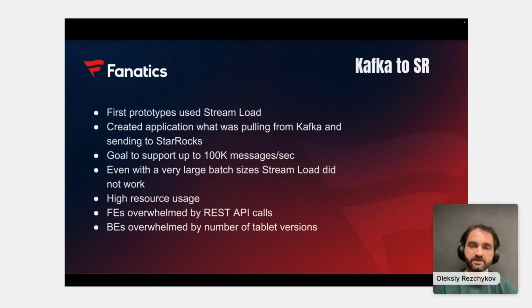Certain transformations were needed, as I mentioned. The goal was to support 100,000 messages per second and keep up with this within a reasonable cost. At this point, we saw that we should focus on pretty large batches sent to StarRocks to be effective and pragmatic with the stream load.